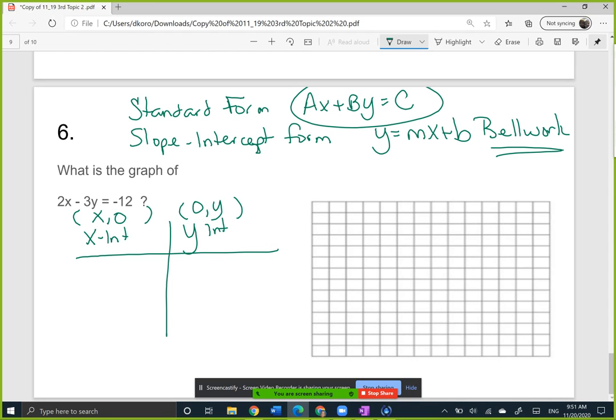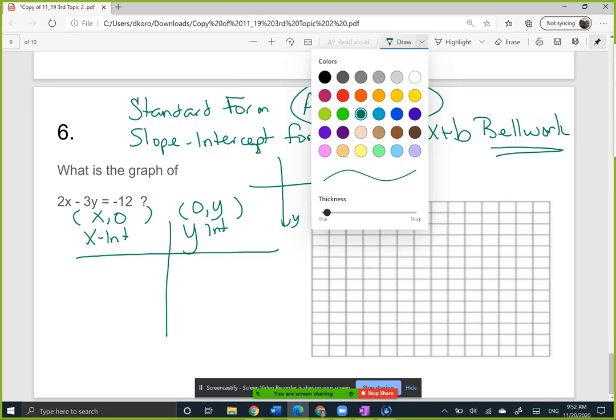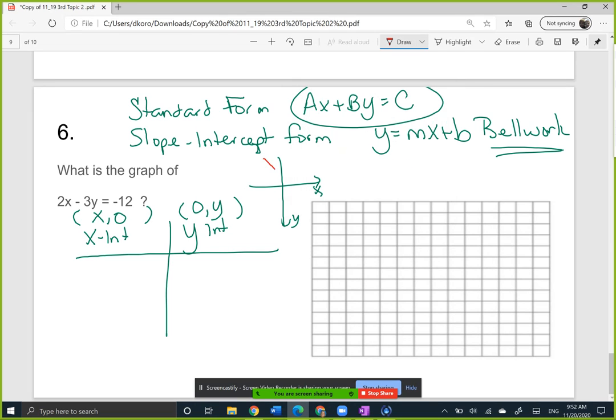Just like I explained in the video earlier today, if I have an x and y axis and a graph, my point at any y-intercept is going to be 0 and y. The x will always be 0. And at my x-intercept, it's going to be x and 0. So if you forget these, draw a graph so that you can remember.